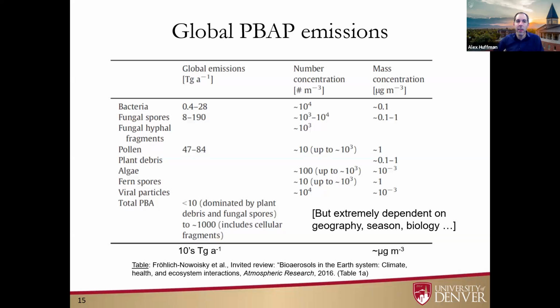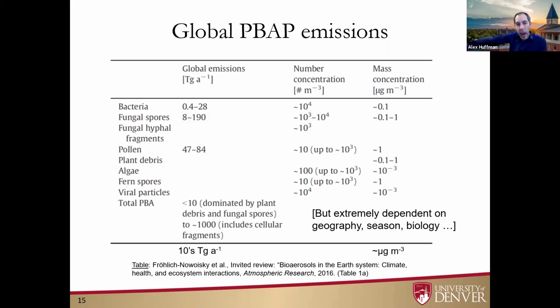Pollen can be tens of teragrams per year, and fungal spores even up to hundreds of teragrams per year. And so in any given environment, this paper by Janine Fröhlich-Nowicki put together some estimates on the number concentration that you would expect to see in any given environment, anywhere from bacteria, 10,000 bacteria per cubic meter, or fungal spores on the order of 10 to the third, and then down.